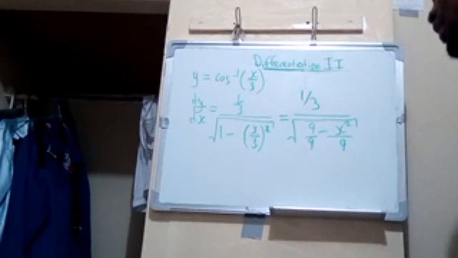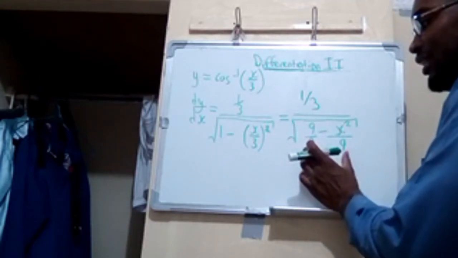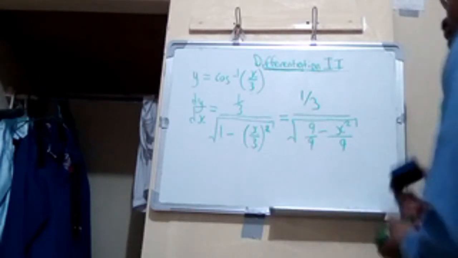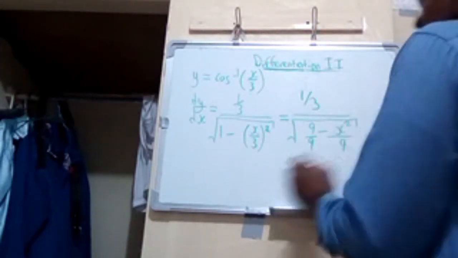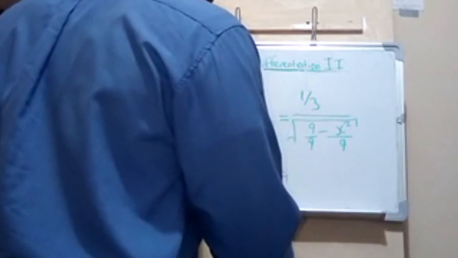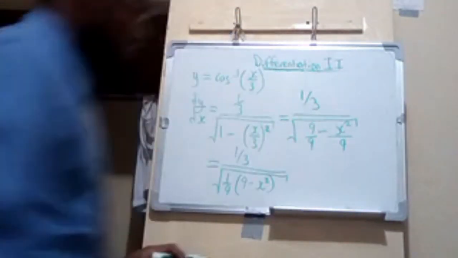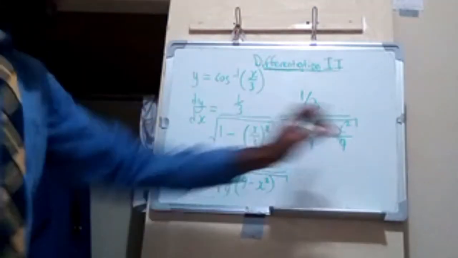You're going to see. I'm then going to factorize out 1 over 9 from the denominator right here. So I end up with 1 over 3 over the square root of 1 over 9 times (9 minus x squared), because I factorized out 1 over 9.